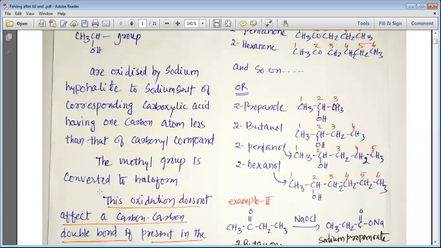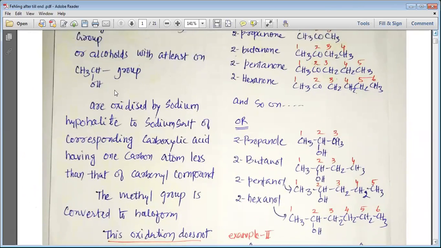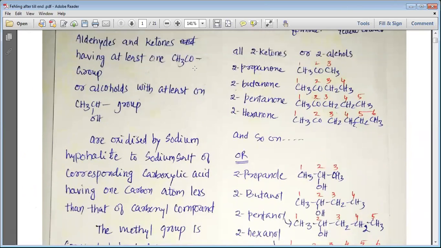So once again, my dear students, the aldehydes and ketones that have a CH3CO group or CH3CHOH group are oxidized by sodium hypohalite to the sodium salt of the corresponding carboxylic acid.